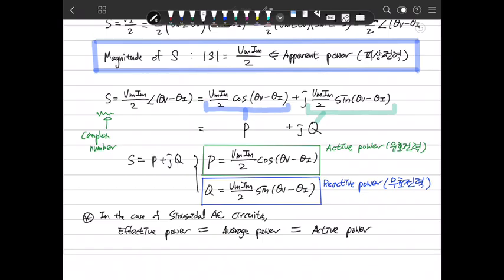I mean, the definitions are different: effective power, average power, and active power have different definitions. But in a sinusoidal AC circuit, the quantities of effective power, average power, and active power are the same. Effective power in Korean is 유효. This is 평균. The name of active power is 유효.